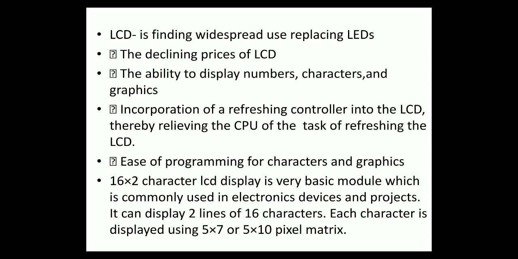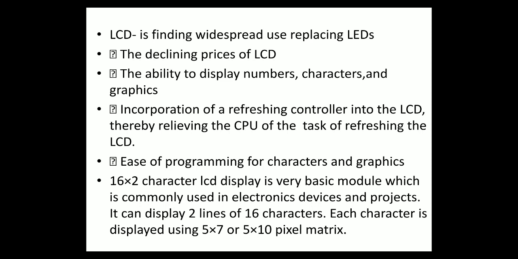A very famous display used for our projects is 16 cross 2, which has 16 characters to be displayed in two different lines. So we call it 2 rows and 16 characters in each row. That is the meaning of 16 cross 2.